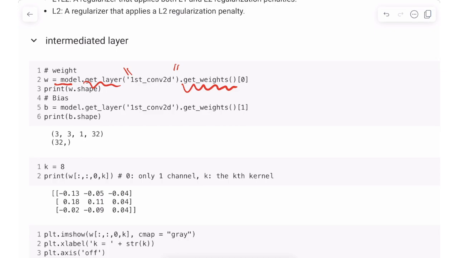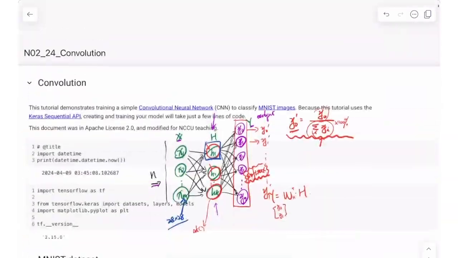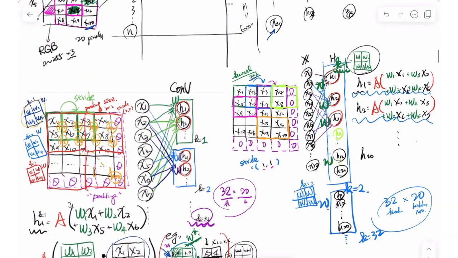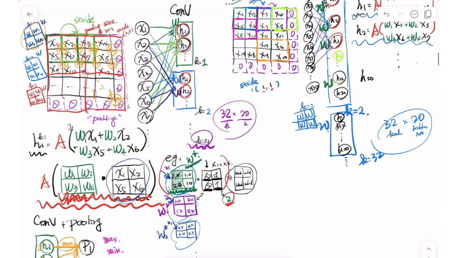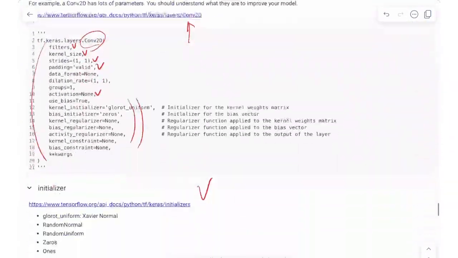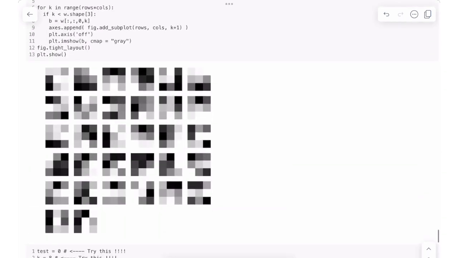As I mentioned before, although we don't know what exactly a kernel will be, after training we can print them. So here is the result. I wrote a function to print all of the kernels at the first convolution layer. In total we have 32 different kernels.